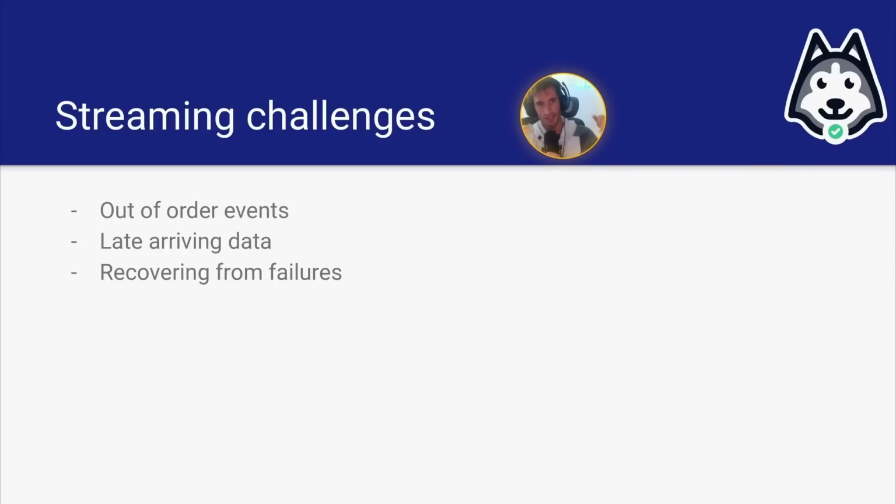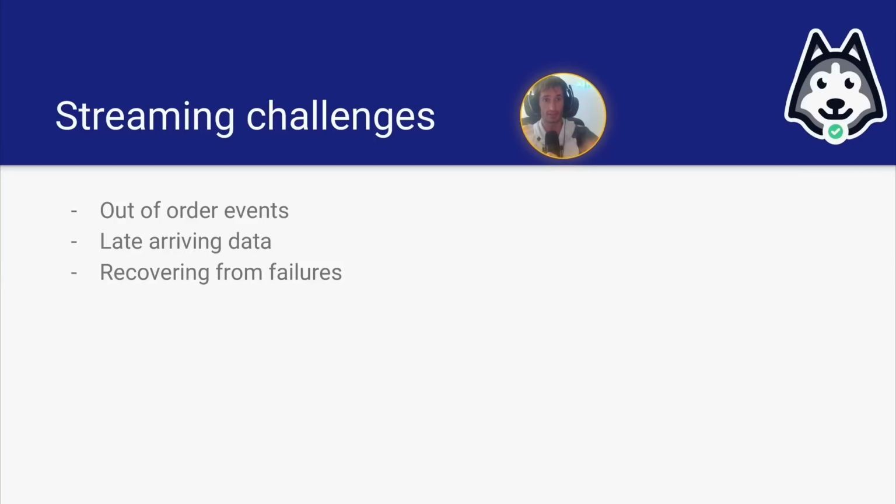Whereas with batch pipelines, that's not the case. You just have your one batch of data and that's it. So there's not as much pressure to recover from failures in the batch world versus the streaming world. There are ways to fix this problem in some regards in the streaming environment as well, and we'll talk a little bit more about those.